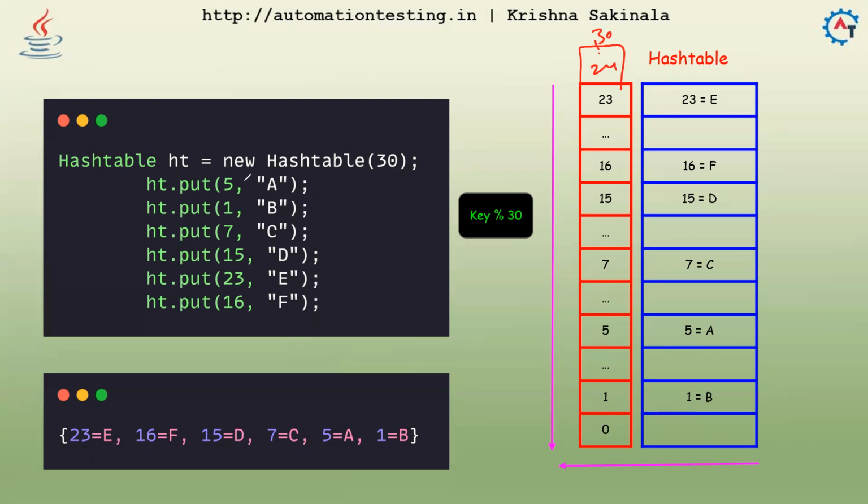Okay, so now if it is 5, it is less than 30, so directly it will go to the 5th position only. 5 is equals to A. If it is less than 30, directly it will go to the 1 equals to B. Again 7, it will directly go to the 7, directly go to the 15, directly go to the 23.